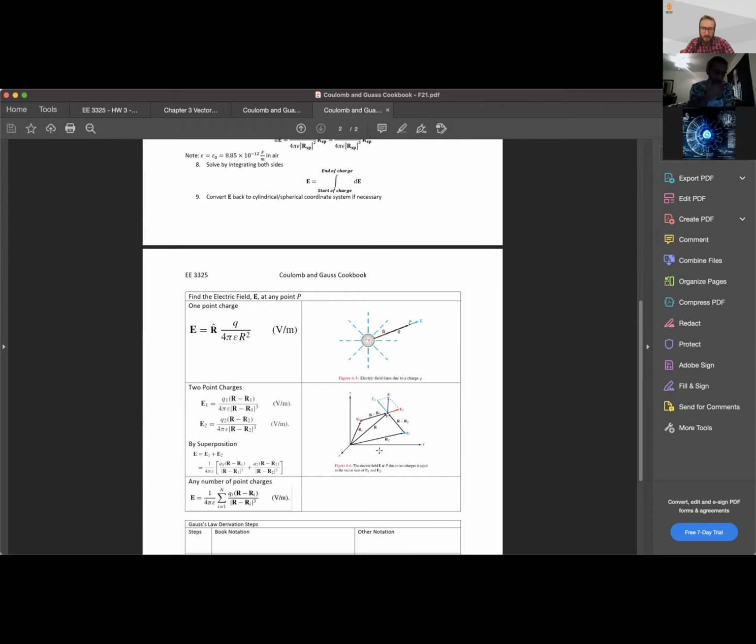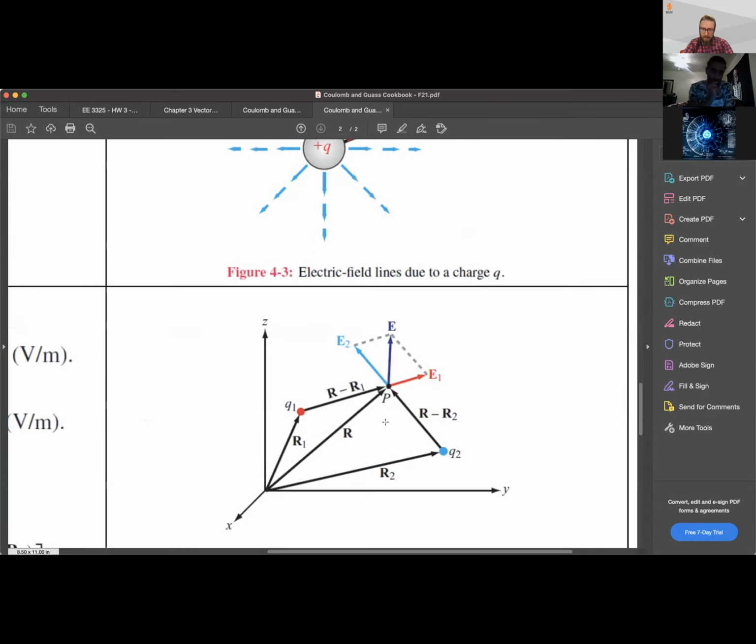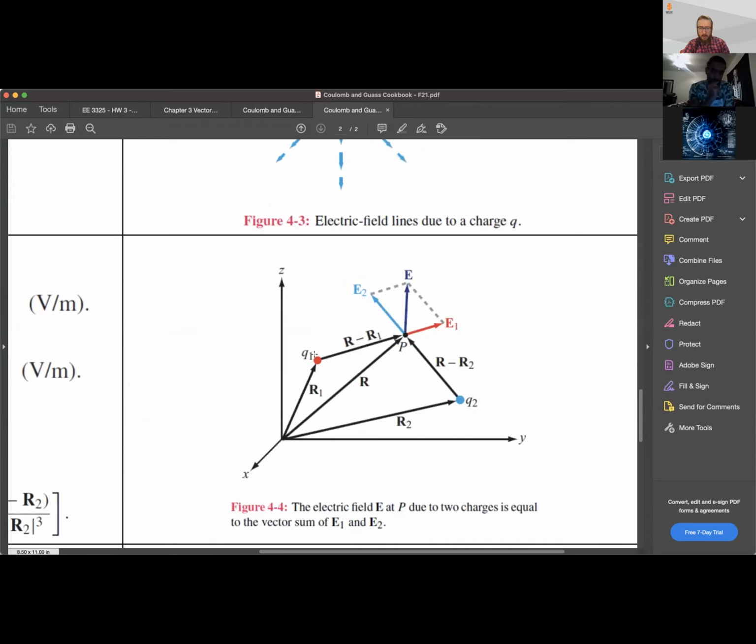In this situation, it's a slightly different geometry, but it will look like this, right? You have a charge 1 and a point, and you want to find the electric field due to that charge. So that means you need to find the direction of the field, right? So you need to find a vector that describes the direction and the magnitude of the electric field due to this charge at this point.